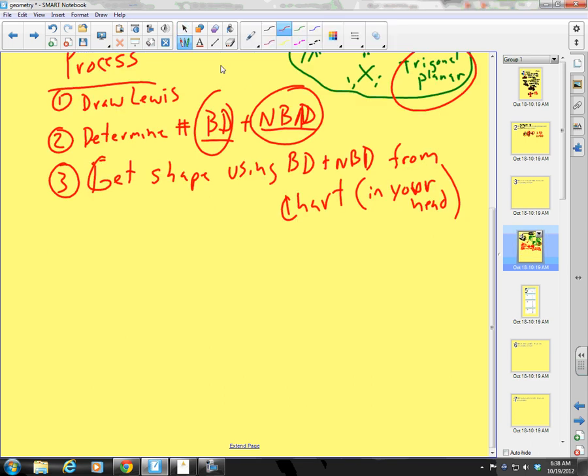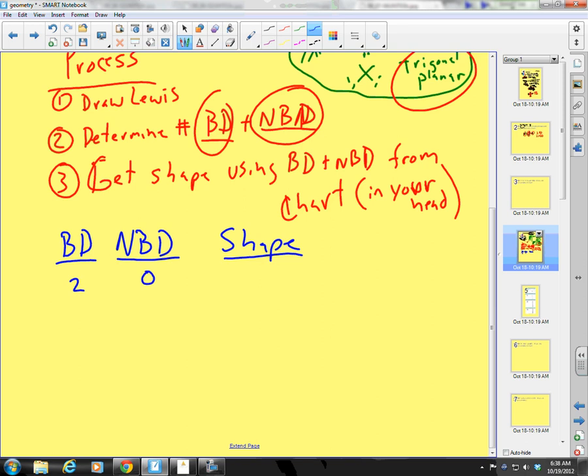Now, specifically, what is that chart? Well, let's make the chart. Here's the chart: bonding domains, non-bonding domains, shape. All right, if I have 2, 0, it is linear. If I have 3, 0, we call that trigonal, and trigonal means it has a triangular base.